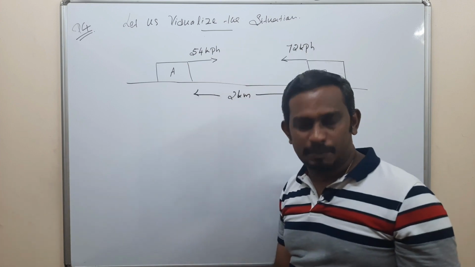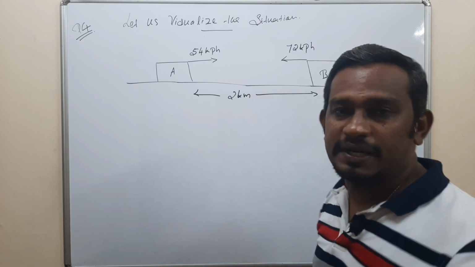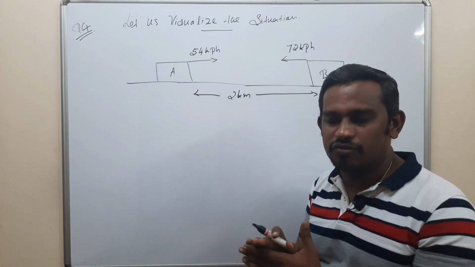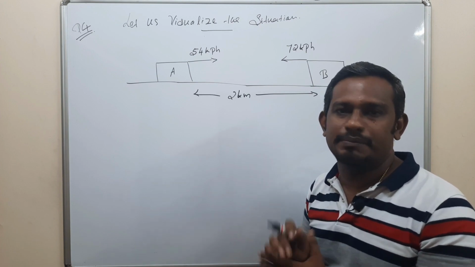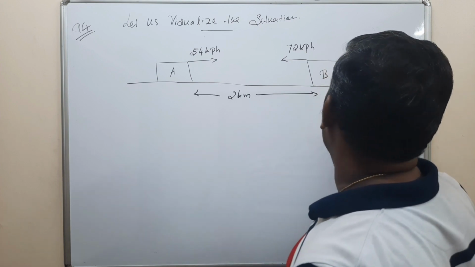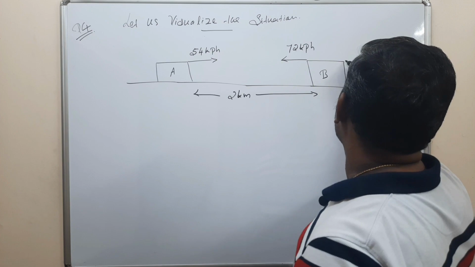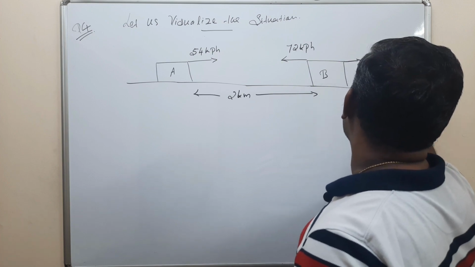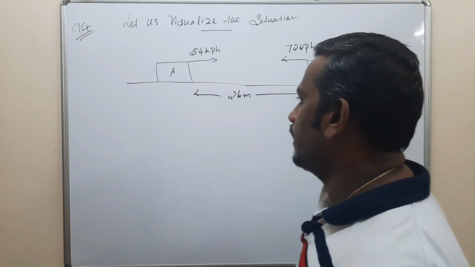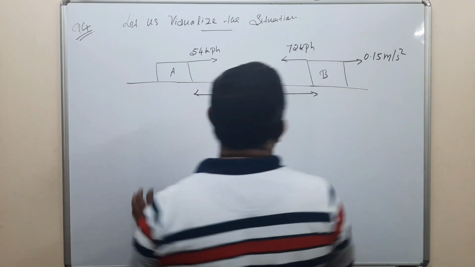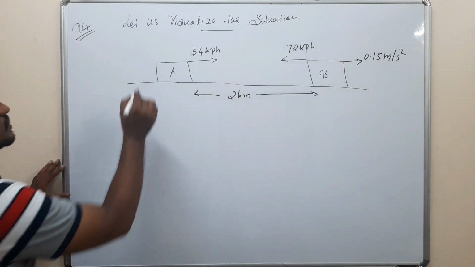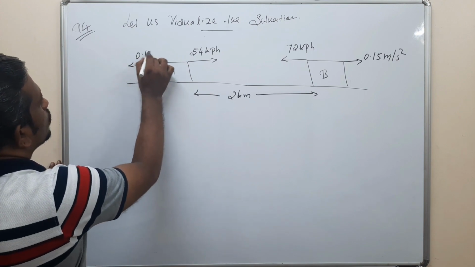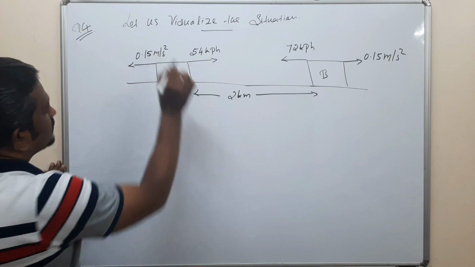the drivers apply the brakes, in order to avoid the collision or accident, which causes a deceleration in each train at the rate of 0.15 meter per second square. So the same deceleration, so this train also at the rate of 0.15 meter per second square.